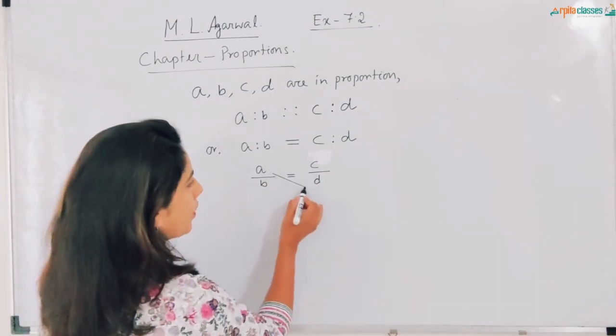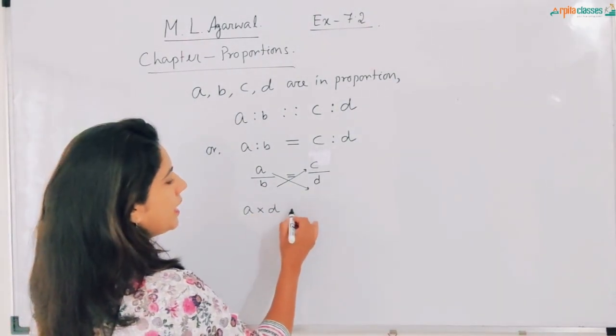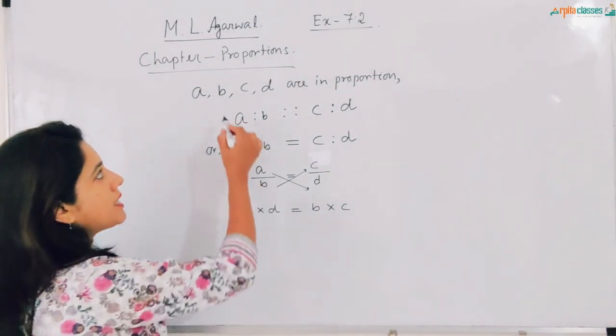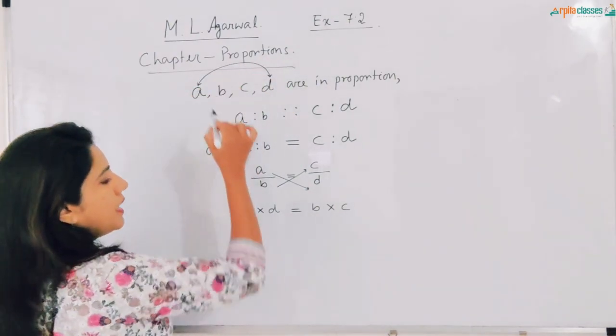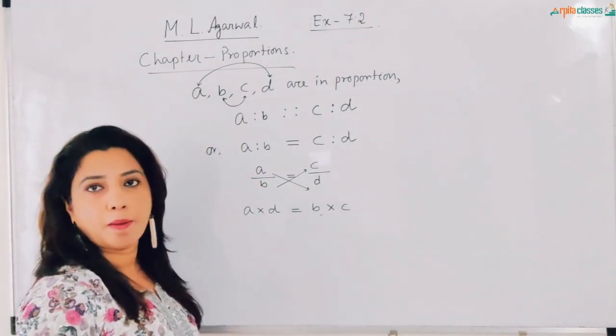So from here, if we cross multiply, we get A into D is equal to B into C. What is A and D? These are the extreme numbers, and what is B and C? These are the mean numbers.